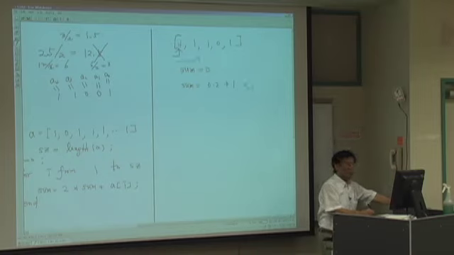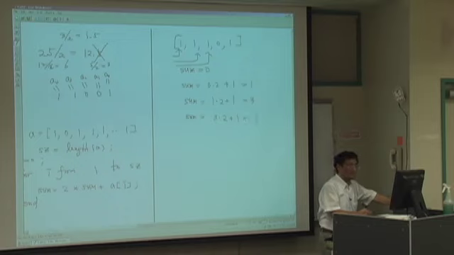Now, sum is equal to sum times 2 plus this number. Then 3, right? And then sum is equal to this number times 2 plus 1, 7.